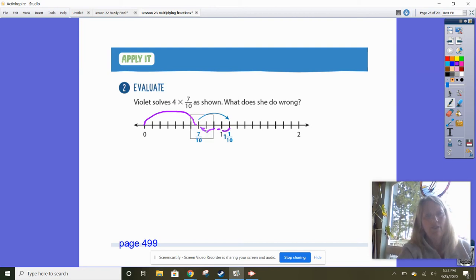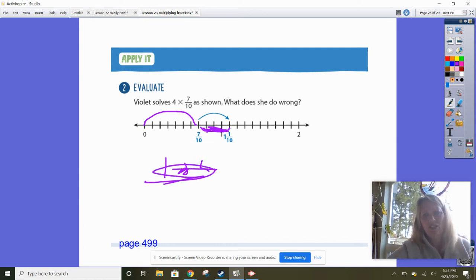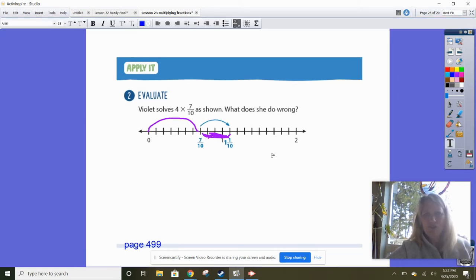She's thinking that there's 4 tenths there. So that's really like 1 times 4 tenths, but starting at 7/10. So yeah, she's a little bit confused. So what did she do wrong? She started at 7/10, which is odd.